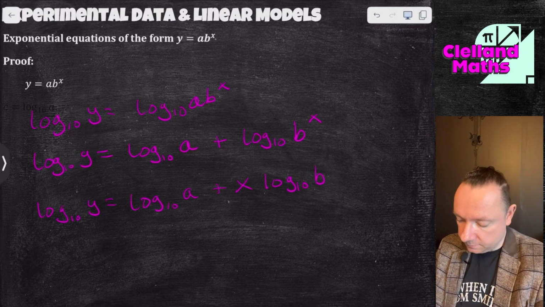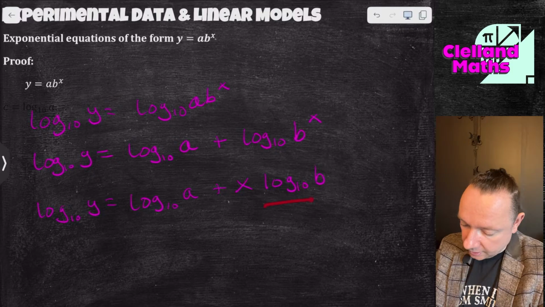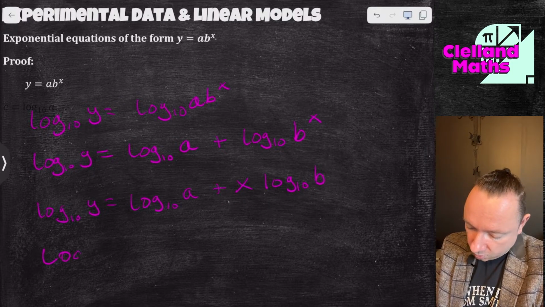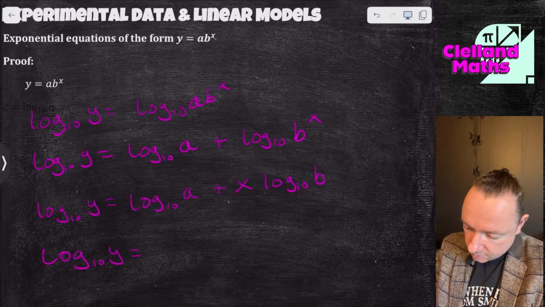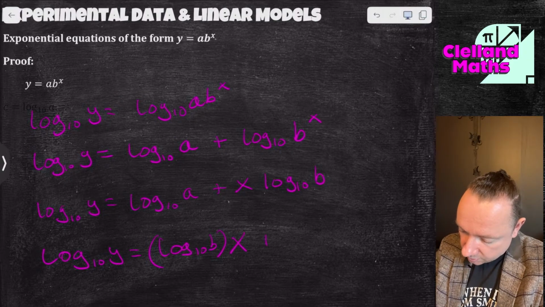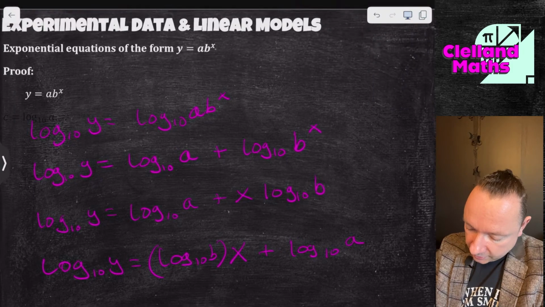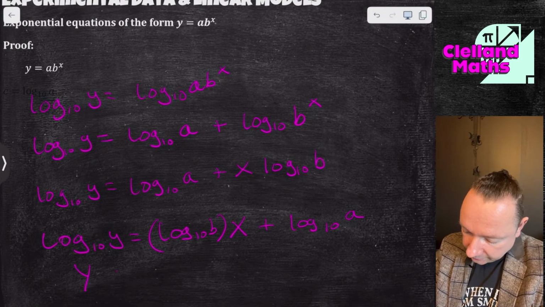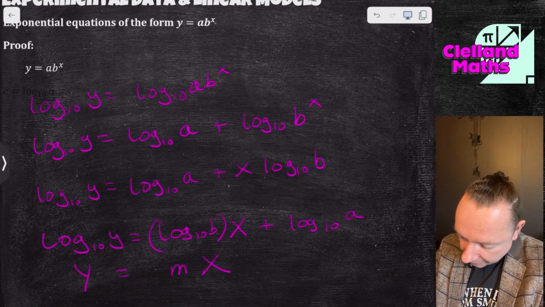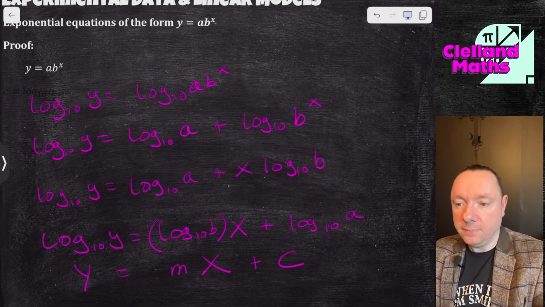So there you are, there's our mx plus c. Putting that in that order, I'll write it as log base 10 b, and just put a bracket around it, x plus log base 10 a, so you can really see that. So that is like y equals mx plus c.